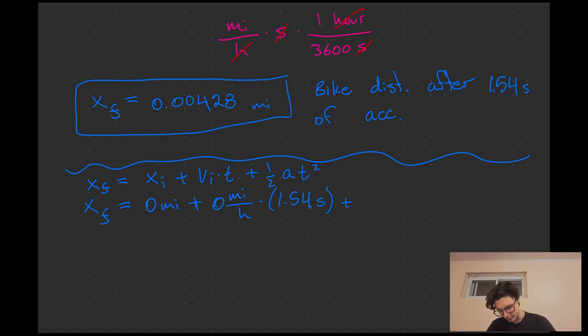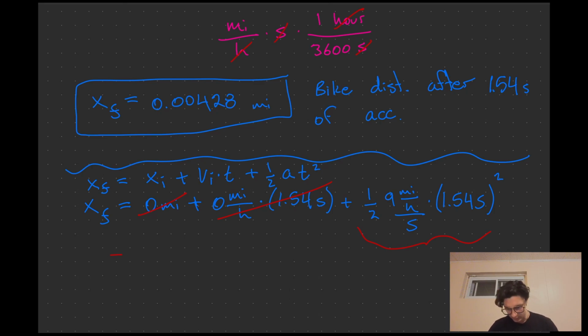So now that we have this, we can also add here the acceleration of the car, which is 9 miles per hour per second times 1.54 seconds, and this whole time thing is squared. So again, the original things here that are 0 cancel out. All we have left is this final part, which will give us a position.